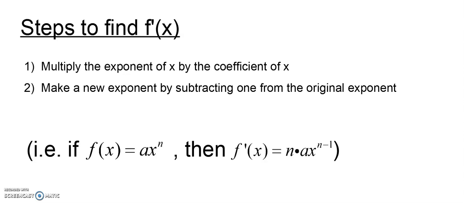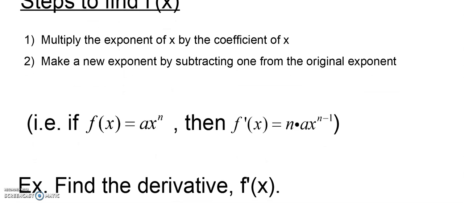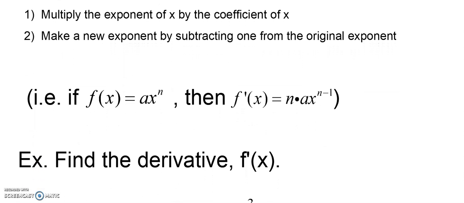Okay, here are the steps you're going to have to do. To find the derivative, we're going to take a function like f of x equals a times x to the n. Now, this a is my coefficient, remember, from algebra, and this n is my exponent.